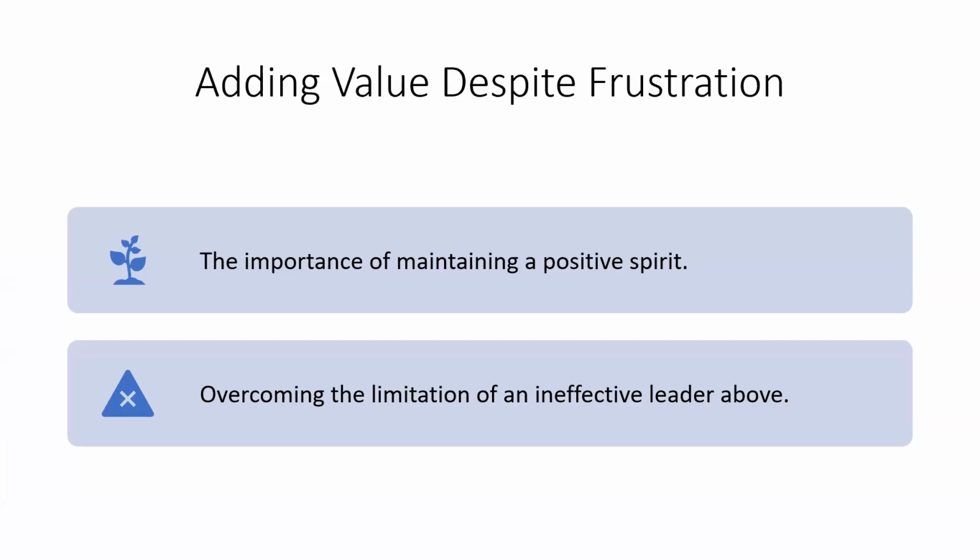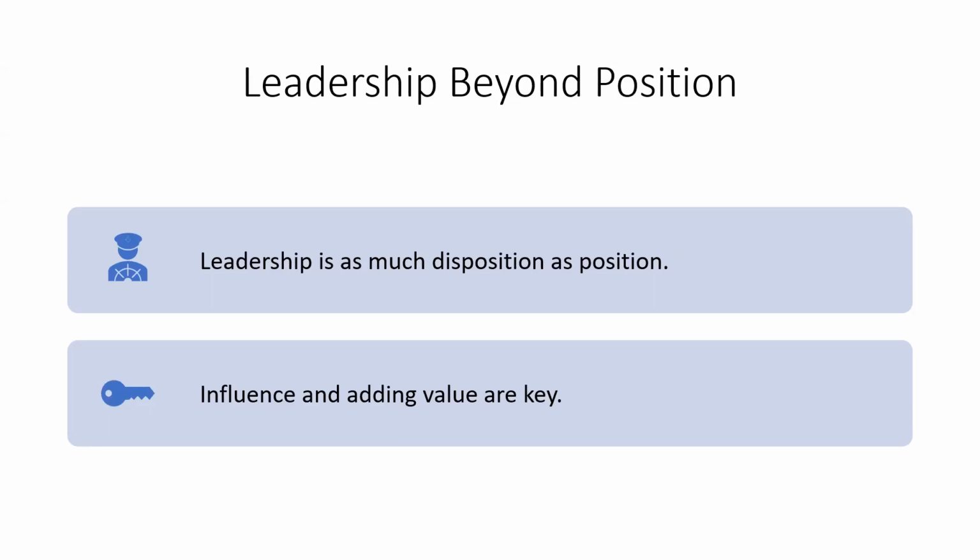That's retrogression. You might as well just leave. So my charge to you is to be positive, okay? See it as part of your growth in overcoming the limitation of an ineffective leader above you, okay?